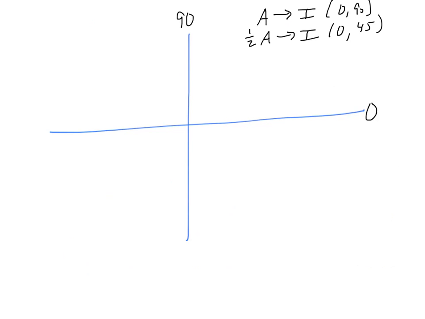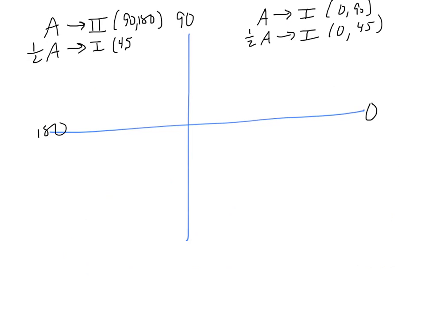In quadrant 2, if angle A is in quadrant 2, that means it falls between 90 and 180. Its half angle then will be in quadrant 1, because half of 90 is 45 and half of 180 is 90.